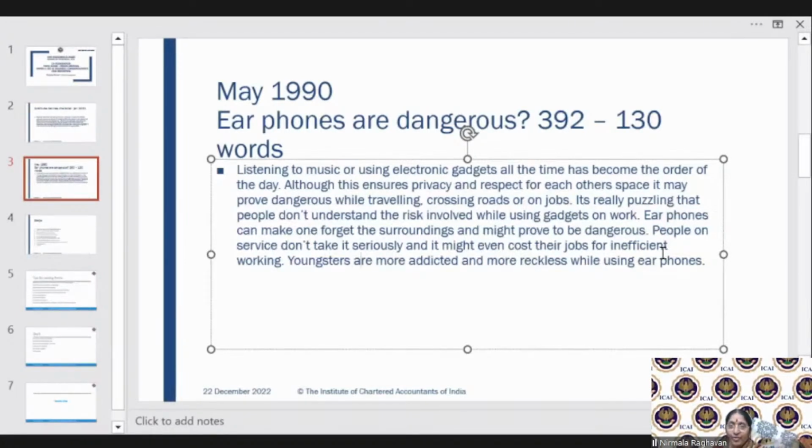This is only 105, but I must have 130. Okay. Quick, come on fast. Yeah, 25 words more. 2 sentences or maybe 3 too. Quick.